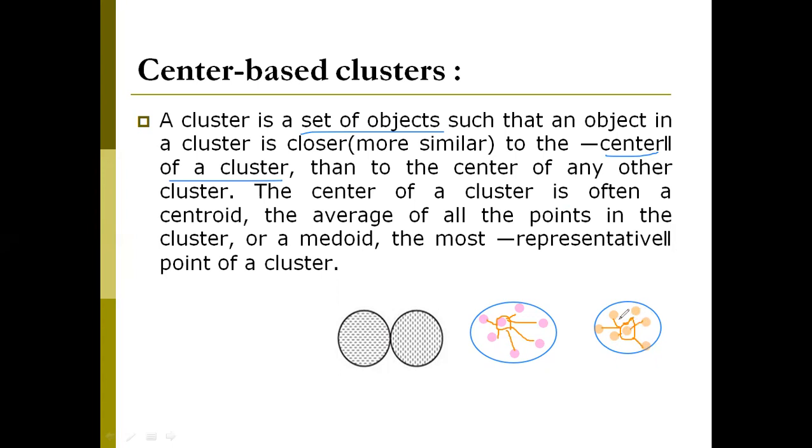What is the distance between each and every data point and this center point? By calculating the Euclidean distance, we can find the distance between the center point and the other data points, isn't it?